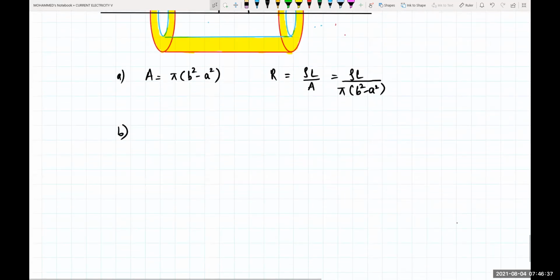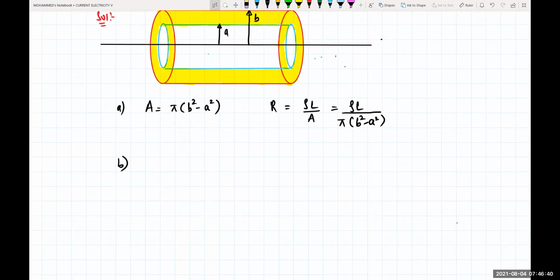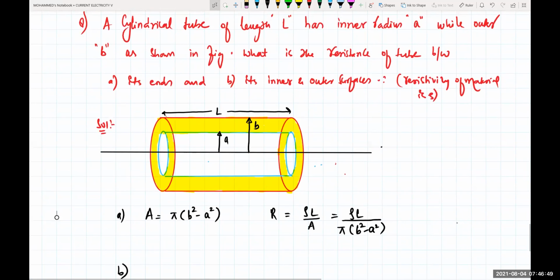For B, you take an element, because he is asking about the resistance between the inner and outer surfaces. First one, at its ends, was very clear. Then the inner and outer surfaces: this is the inner surface, this is the outer surface, and he is asking between these two.